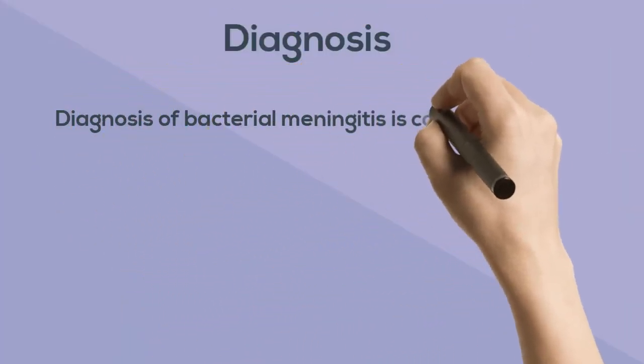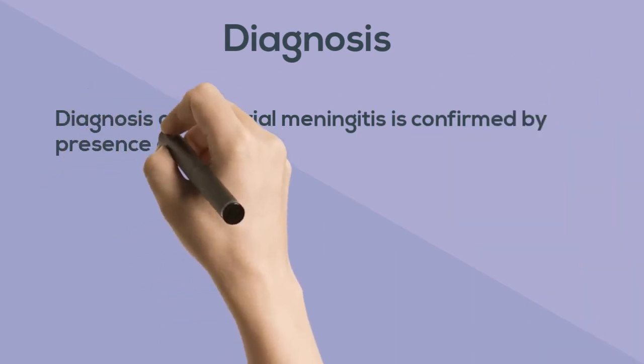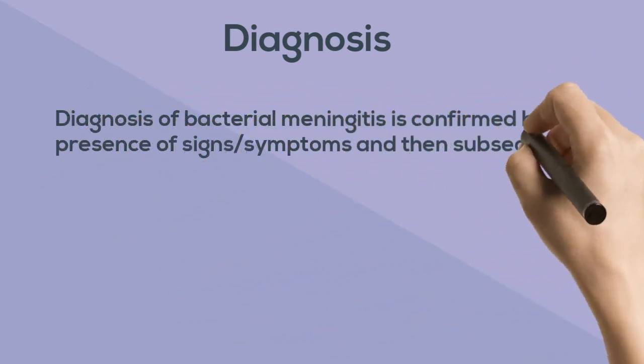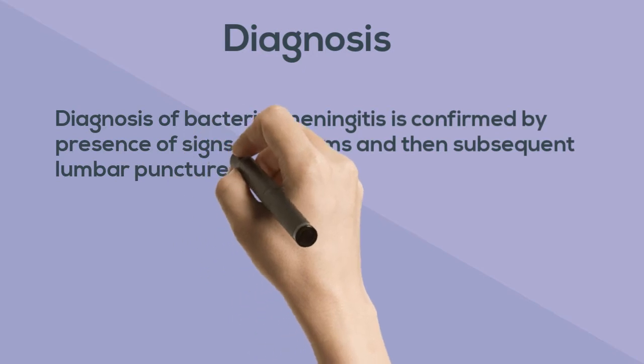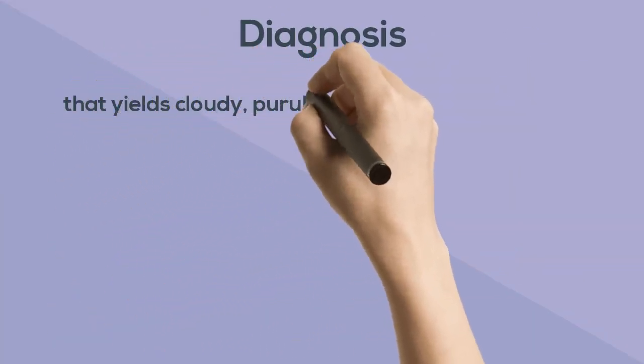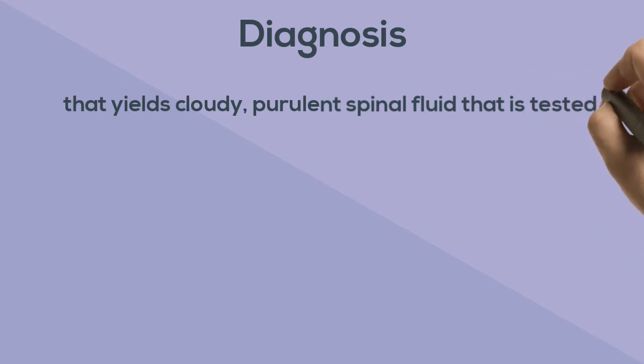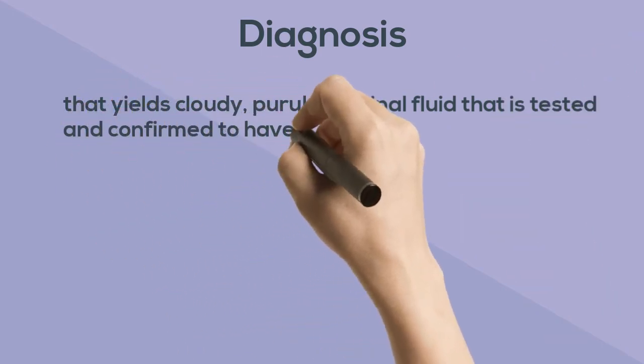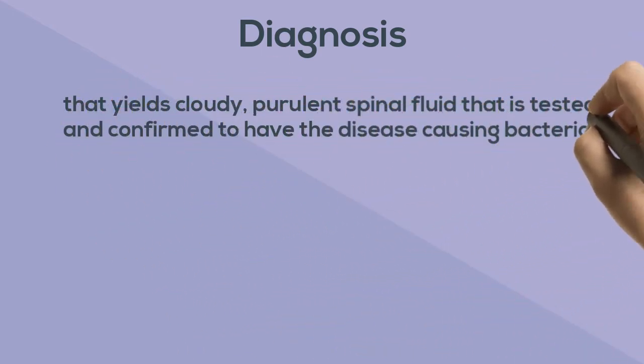Diagnosis of bacterial meningitis is confirmed by presence of signs and symptoms, and then through subsequent lumbar puncture, also known as a spinal tap, that yields a cloudy, purulent spinal fluid that is tested and confirmed to have the disease-causing bacteria present.